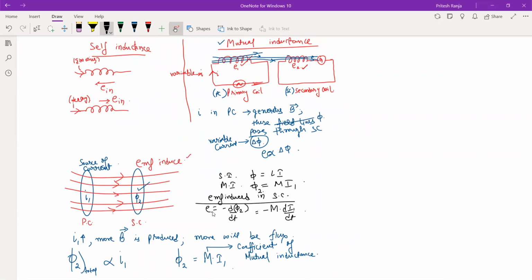I will write it as E2 to indicate the EMF induced in the secondary coil. So E2 is the EMF induced in the secondary coil.